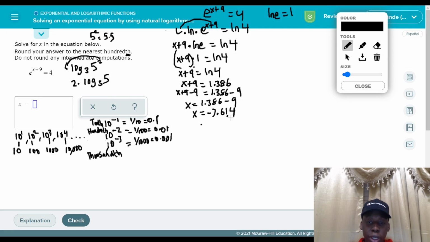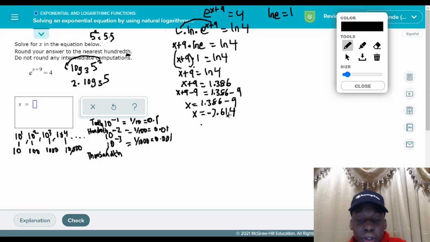If that number is 5 or greater, we add 1 to this digit over here, and we remove whatever is behind the hundredth value and set everything to 0.